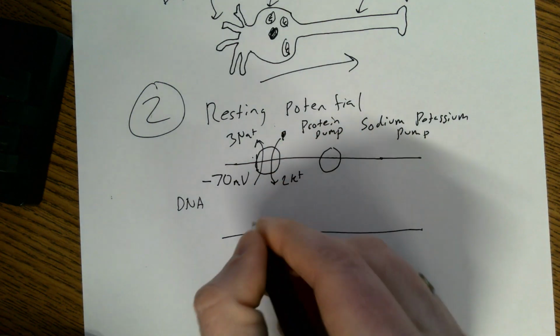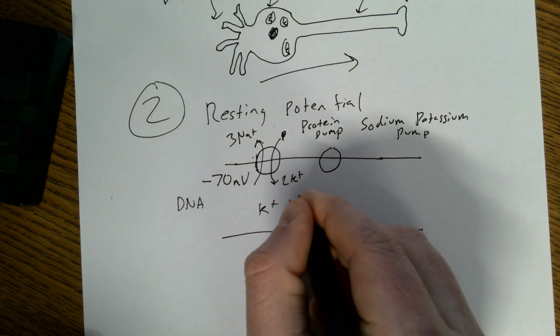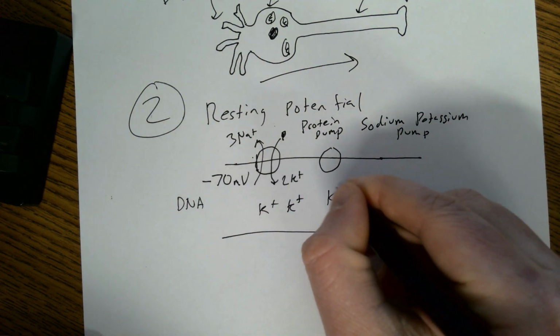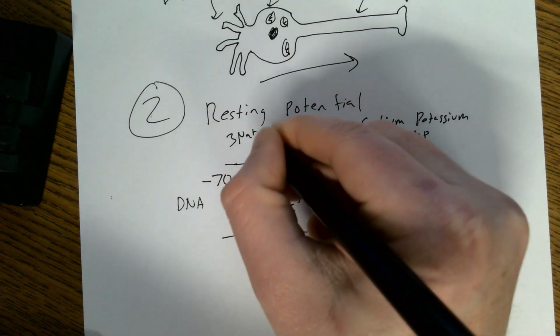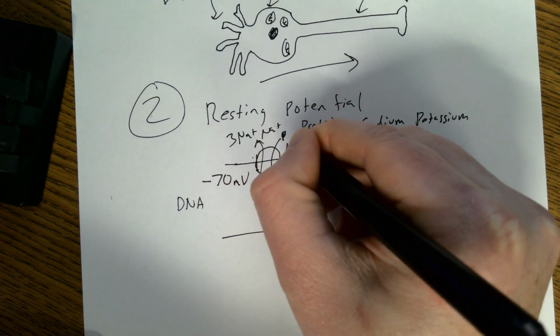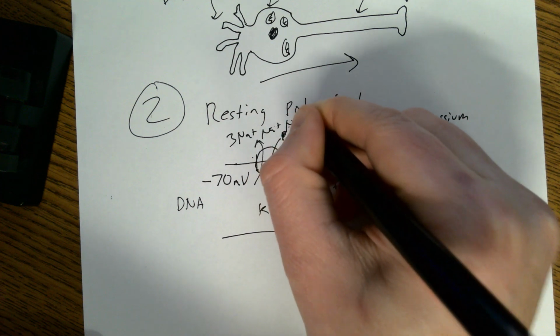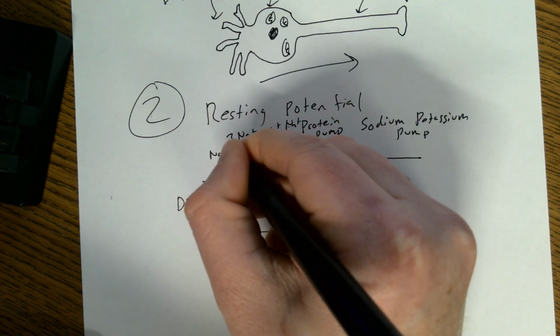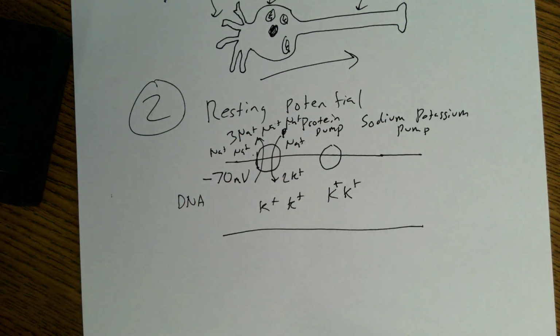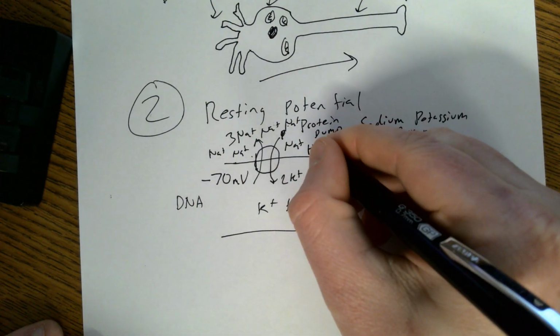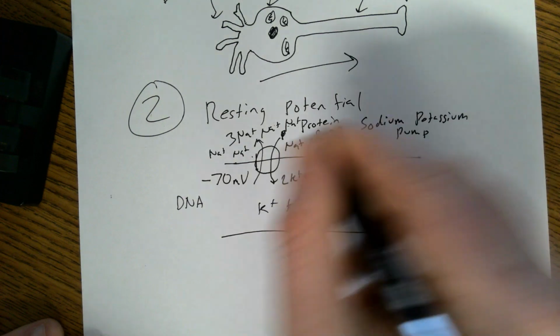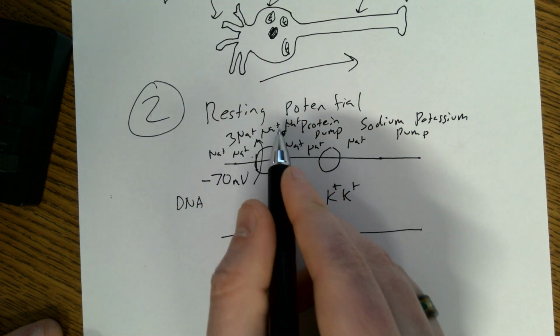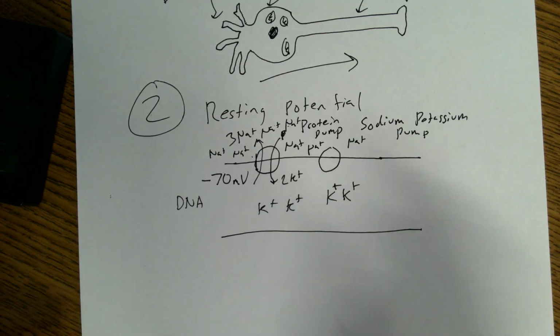And so you're going to have potassiums inside here and sodium outside here. More sodiums outside than potassiums inside because you're doing it in a 3:2 ratio. The more you do it, you get a lot of sodium out here, creating that positive charge accumulation outside and fewer positives inside for about negative 70 millivolts.